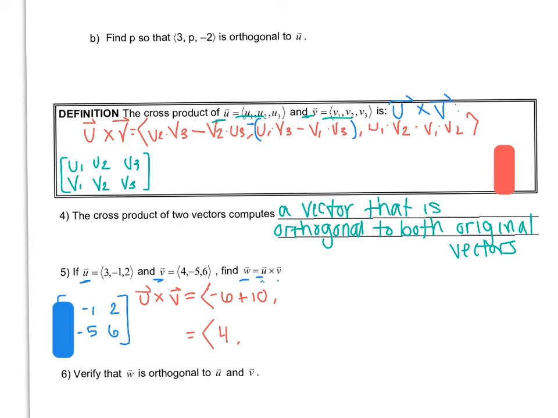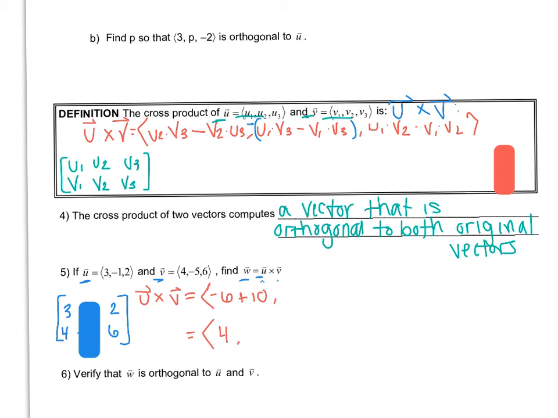For the second value in our vector, I'm going to cover up the middle column with my finger or bar or pencil. We do the same thing, but remember the whole thing is negative for the second one. We negate whatever value we get from the products.